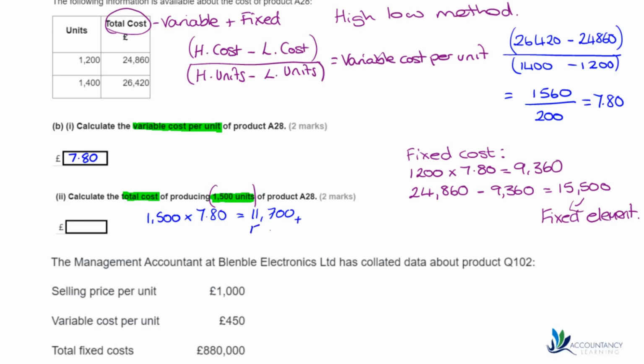Then we're going to add on our 15,500. This is our fixed, which gives us 27,200, which is then our total cost of producing 1,500 units.